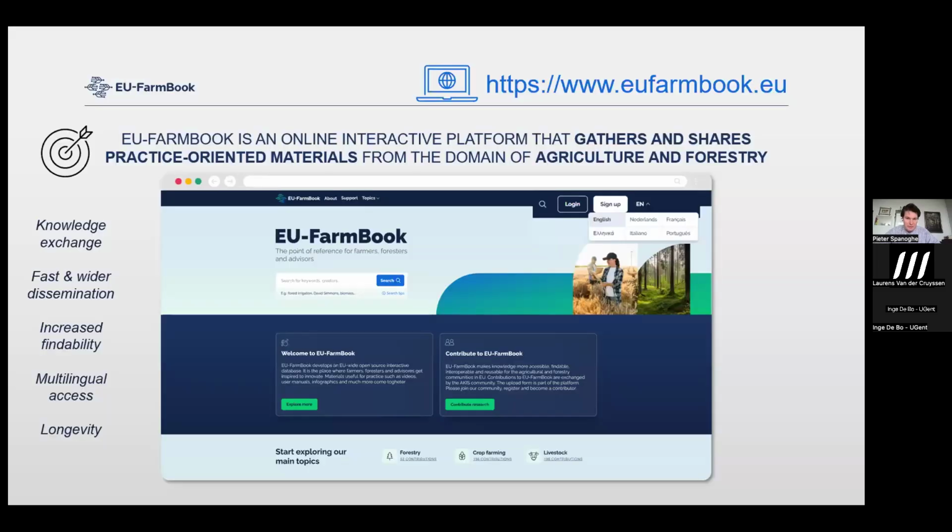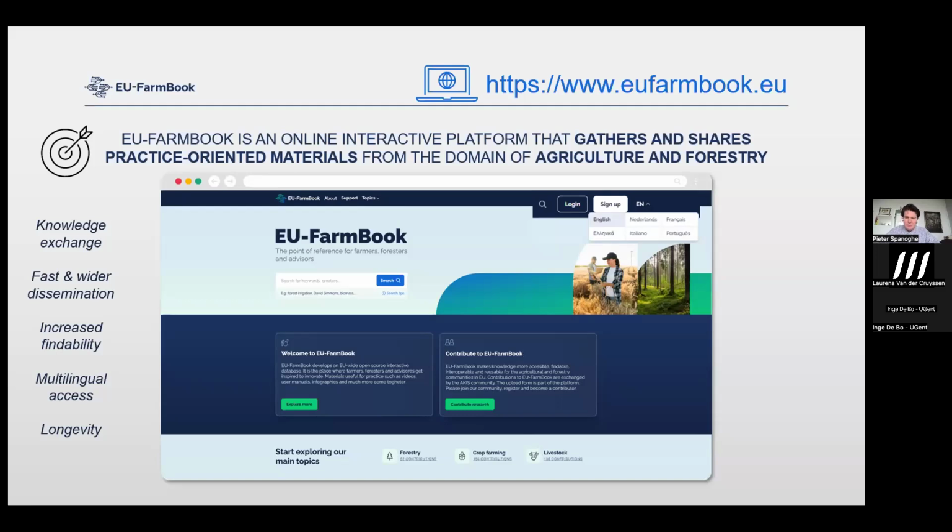EU-FarmBook, I said already a lot of it. Be aware that we are not focusing in the first place on scientific papers, but we are focusing on practice-oriented materials. So information that you can use on the farm, in the forest, and that you can explain easily to the user, and that's a farmer or a forester. So it's knowledge exchange.